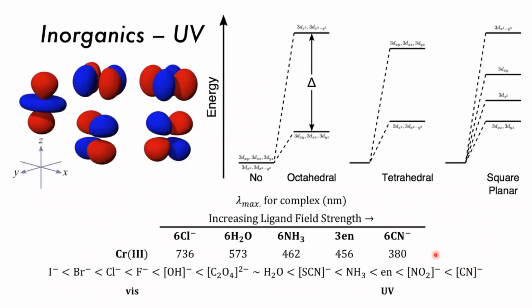This causes an increase in the energy required to affect the excitation, and this decreases the wavelength, because lower wavelengths are higher in energy. Remember, that always goes back to Planck's relationship.